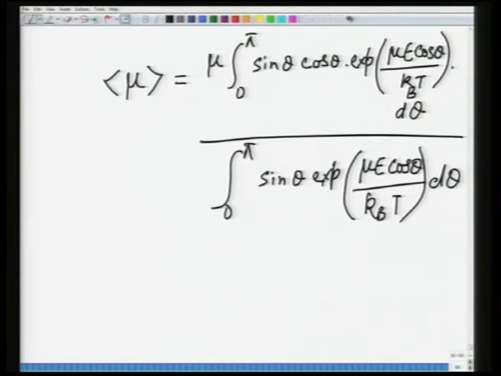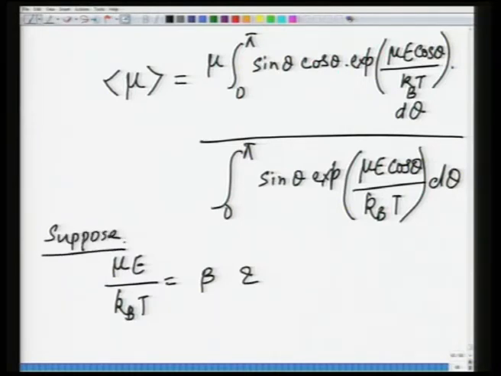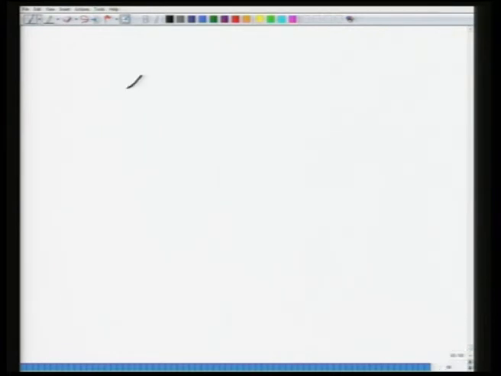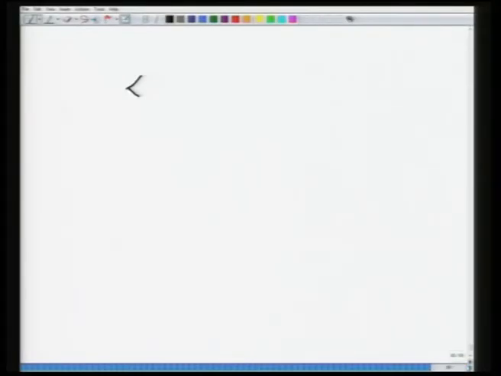Now, in order to solve this equation, we take mu E divided by kT as beta, and cos theta as equal to x. When you substitute in the previous equation, you get the expression for average mu.